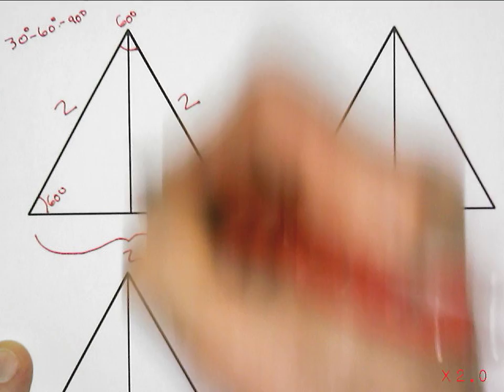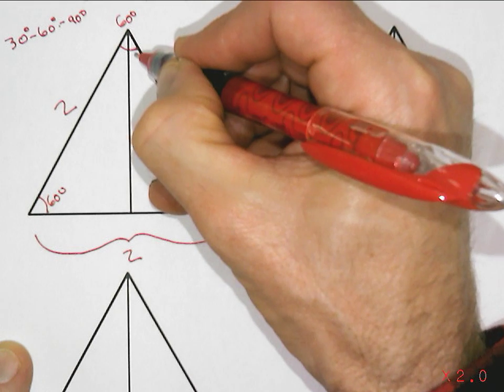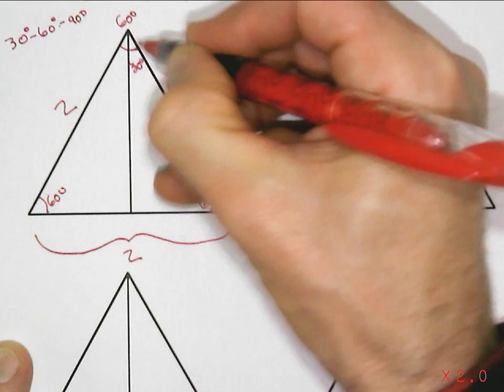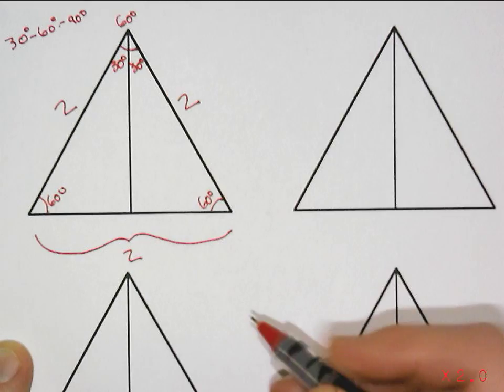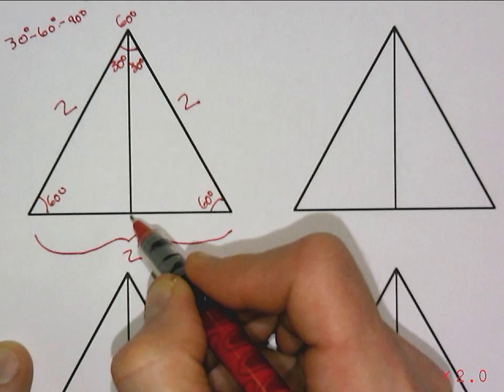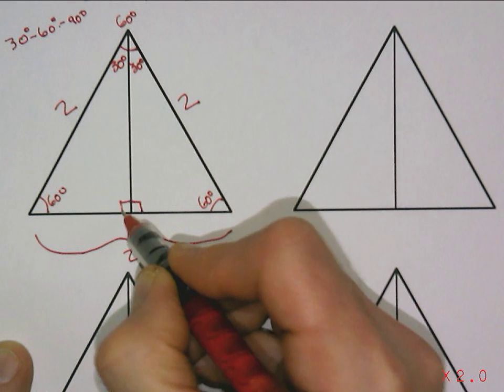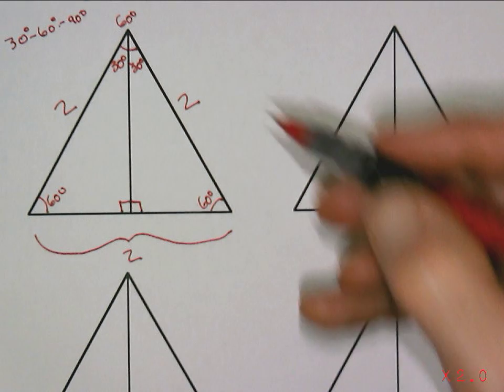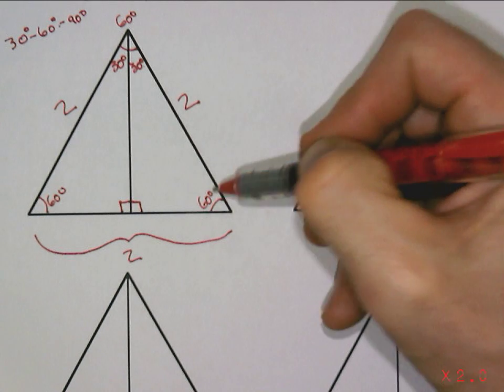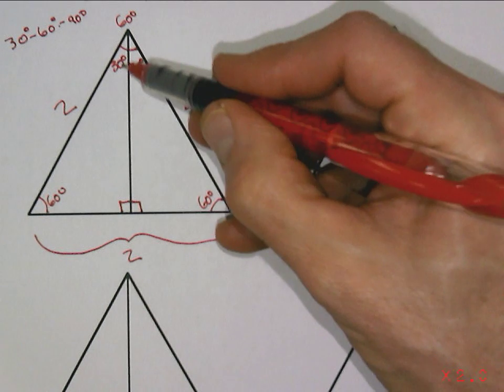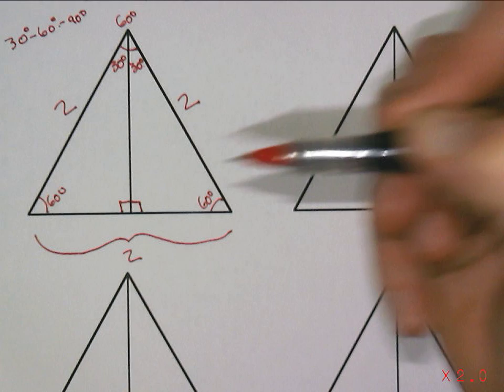But if we cut it in half with that line down the middle, each of these would be 30 degrees. And then at the bottom where we bring this line down, the center of this triangle creates two 90-degree or right angles. So what we actually create is two 30, 60, 90-degree triangles.